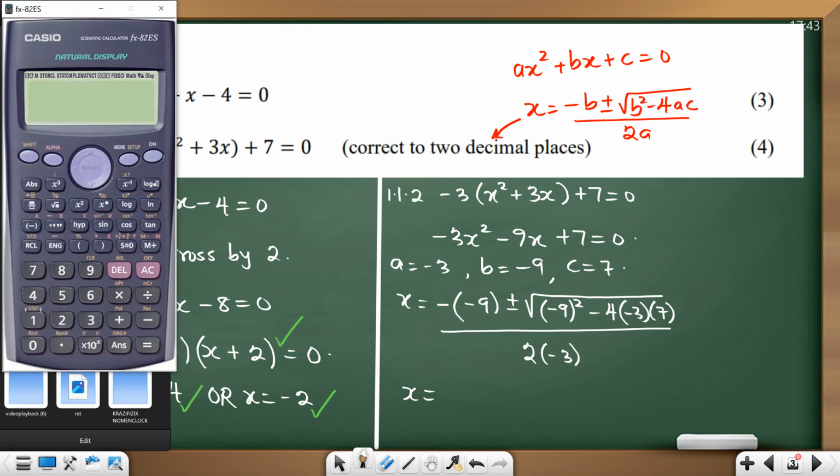Negative 9 squared, I do this all the time, I help the calculator, that's 81 because I'm lazy. Now that's plus there, and then you have 4 times 3 times 7. Use a bracket if you don't know how to walk through. So my answer is negative 3,64. Well done, guys.